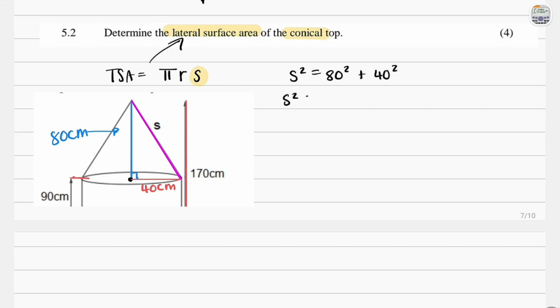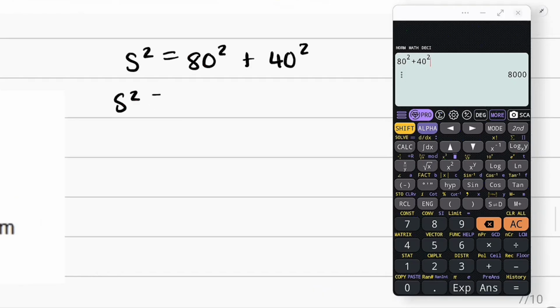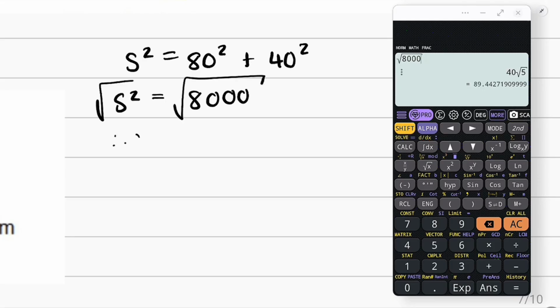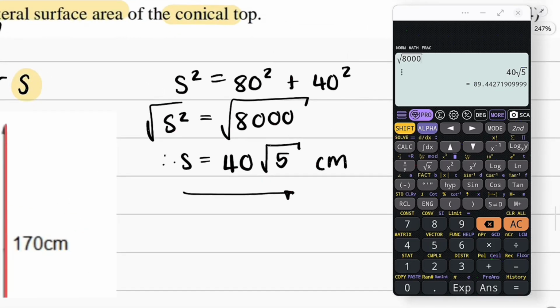Let's get that S squared first. This gives us 8,000. Then you just find the square root of 8,000. I'll leave it as a surd. Square root both sides, only considering the positive because we're working with lengths. So 40 square root 5 is the slant height, in centimeters.